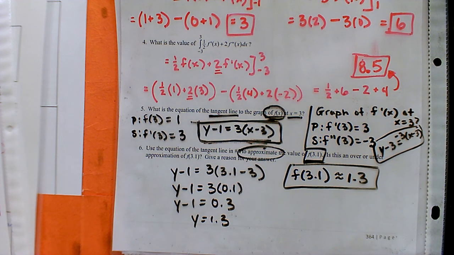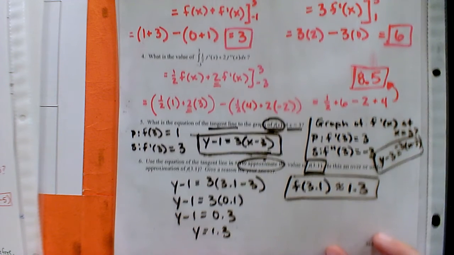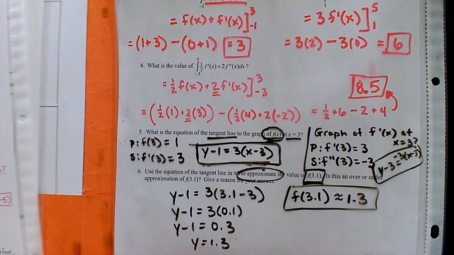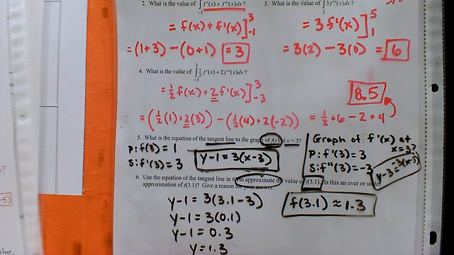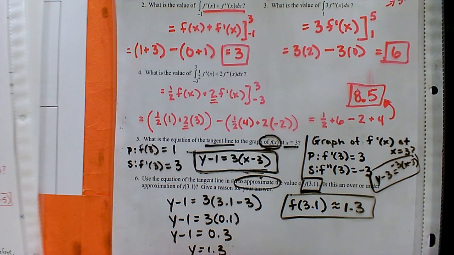Is this an over or an underestimate to the actual value? You have an idea? I'm saying over, because f double prime is negative, so f prime is concave down. How did you know the second derivative is negative? Where were you looking in the table?